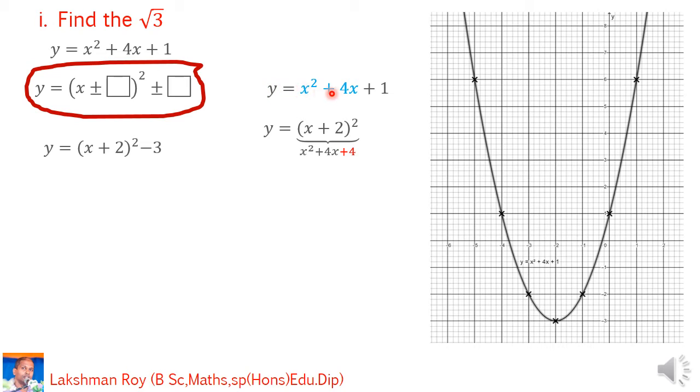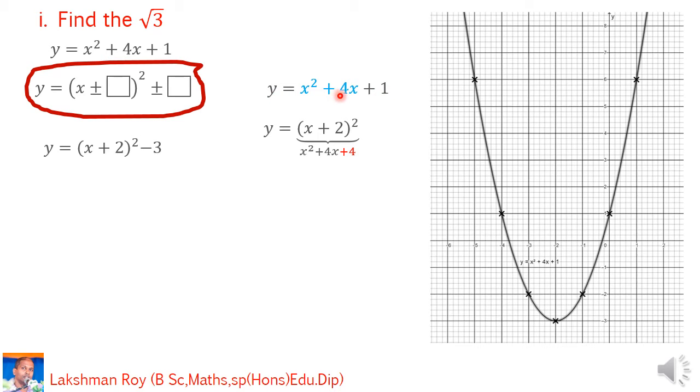Now you can see y equal x square plus 4x plus 1. If I consider these two terms only and write x plus 2 squared, I get these three terms. Here you can see in red color, positive 4 is not wanted, we want only positive 1.